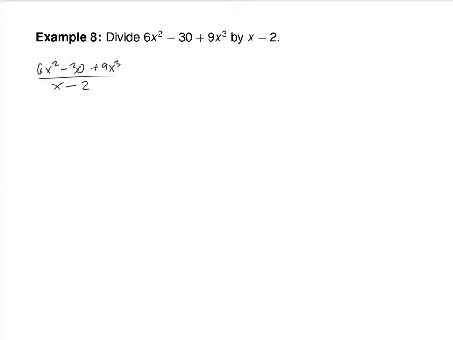Before I translate that into division, do you have to rearrange the powers? Yes. So x minus 2 is going into 9x cubed plus 6x squared. I'm going to put in a 0x, and then last is minus 30.